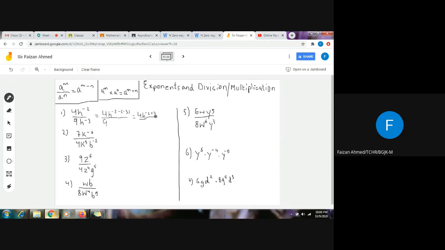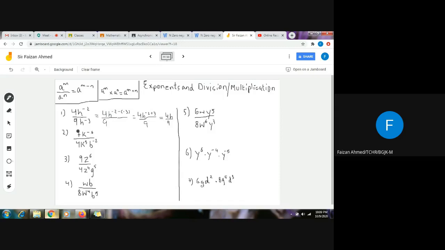Minus 2 plus 3 will be h to the power plus 1. We do not write plus 1, so the final answer is 4h upon 9.